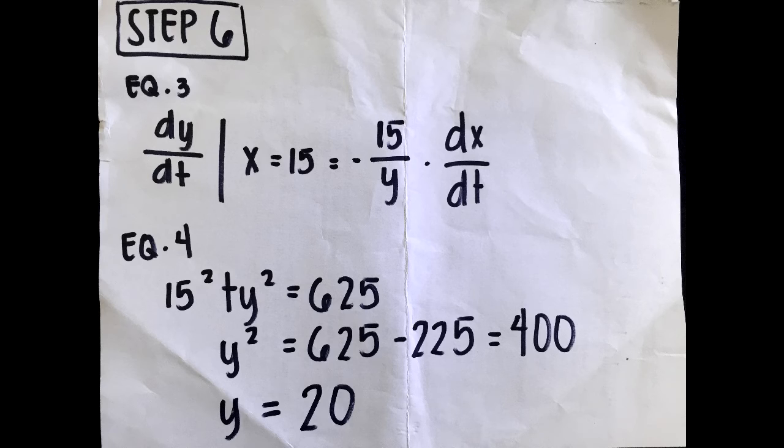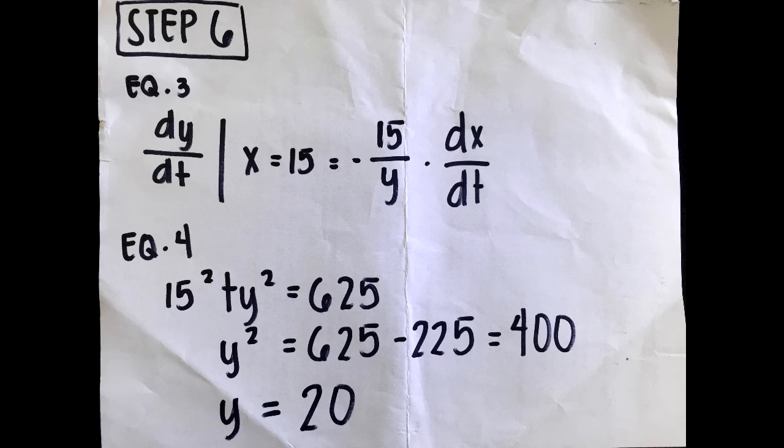Since we do not have a value for y, we use the equation in step 4 to get a corresponding y value when x equals 15. Thus, we have 15 squared plus y squared equals 625. We transpose 15 squared to the other side and it becomes y squared equals 625 minus 225 equals 400. Taking the square root of both sides, y equals 20.